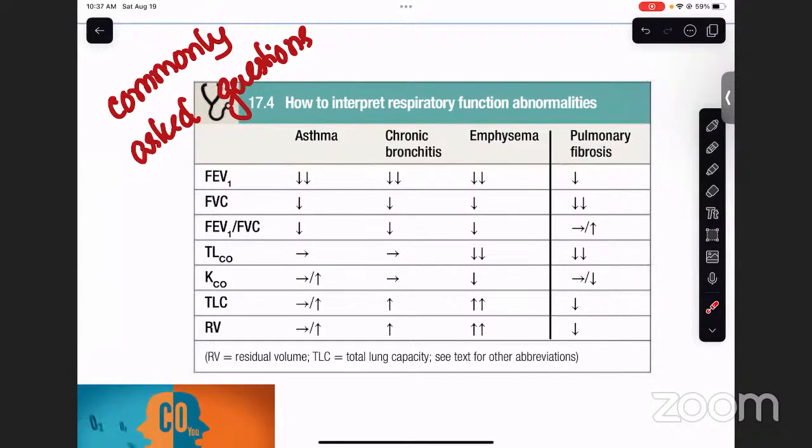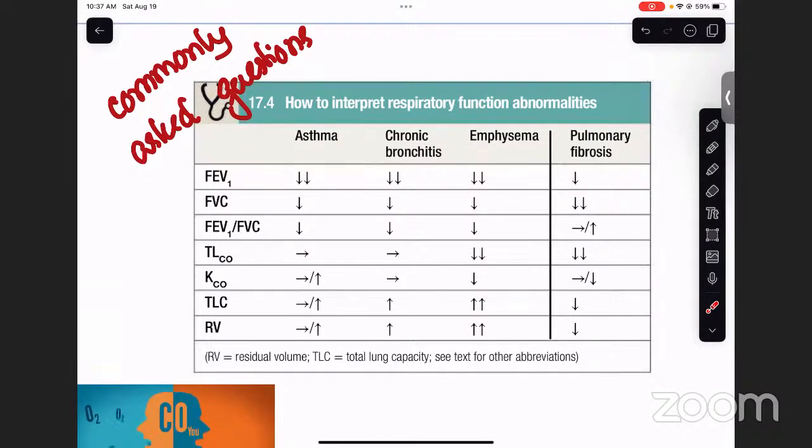In case of pulmonary fibrosis, KCO is TLCO divided by unit lung volume. In pulmonary fibrosis, TLCO is reduced and the lung volume is also reduced. That will be normal. But in advanced fibrosis, KCO will be reduced. So in pulmonary fibrosis, KCO may be reduced or may be normal.